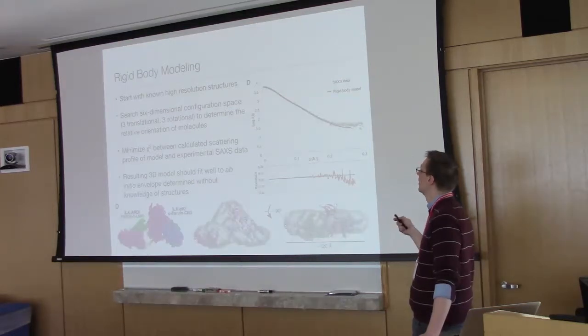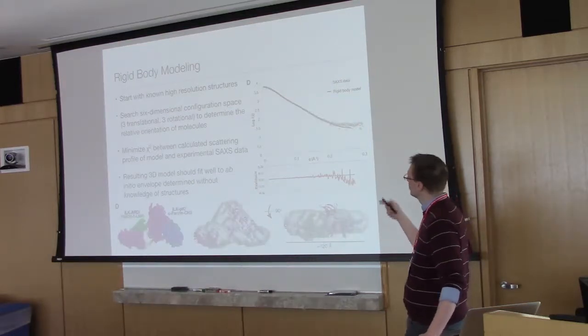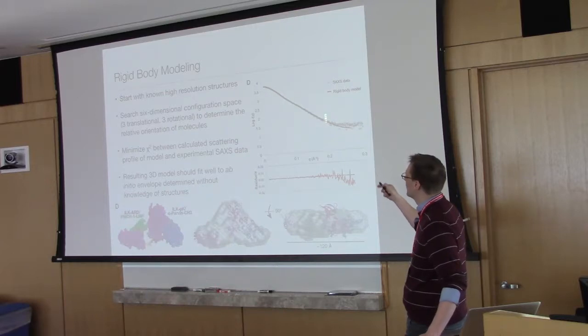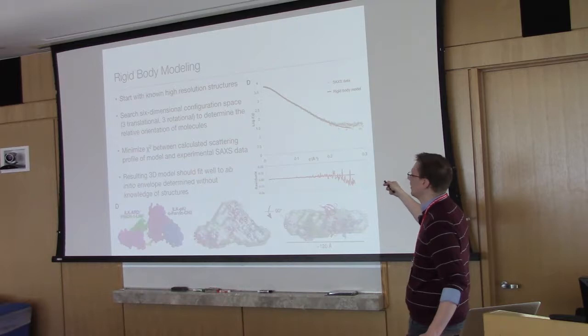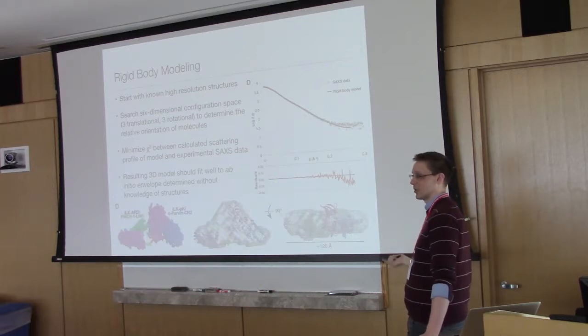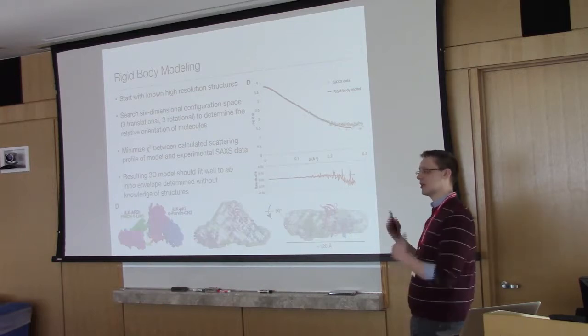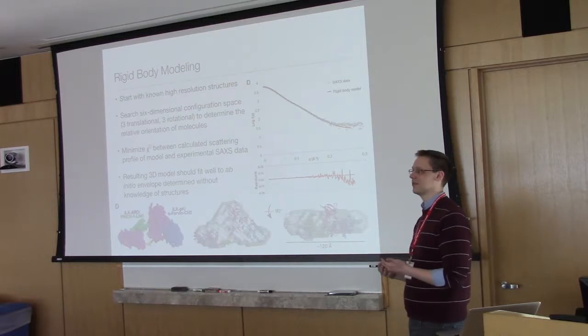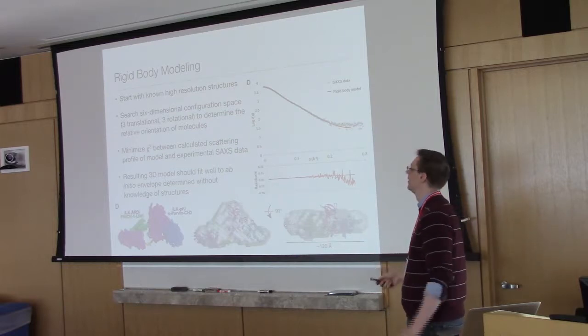You can have something, for example, if you have noisy data, like if this data were to be really noisy, right? I could have a scattering profile that's up here or down here, and it would give me a chi-squared that maybe is very similar to this, even though it wasn't as correct. That's simply because if the errors are larger, you're allowed to have more incorrect models.